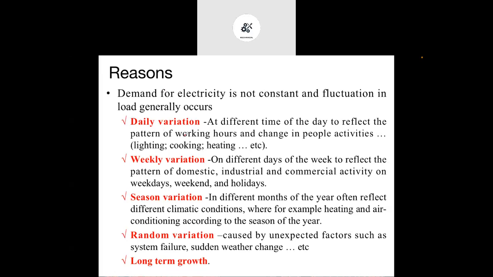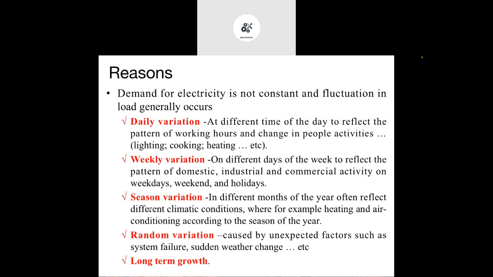Seasonal variation in different months of the year often reflects different climate and environmental conditions. In that case, a heating or air conditioning system will be required, which causes the seasonal variation. Sometimes the variation is random, caused by unexpected factors such as system failure, sudden weather change, etc. And the last reason is long-term growth. As we know, the demand for electricity and power has been increasing, so we also have to consider that long-term growth.